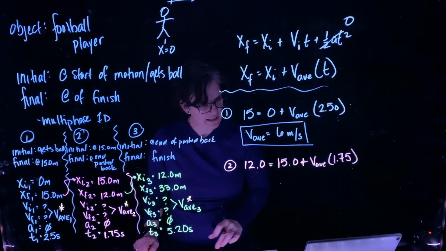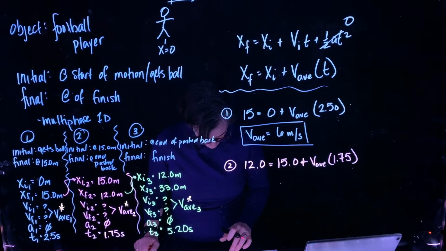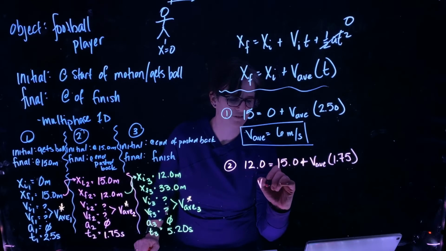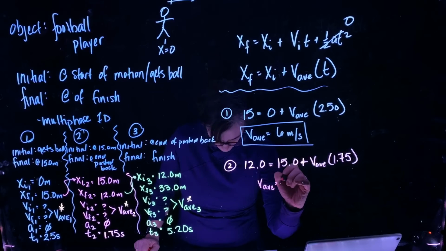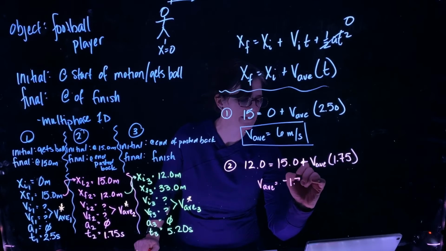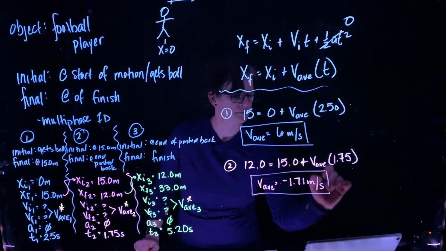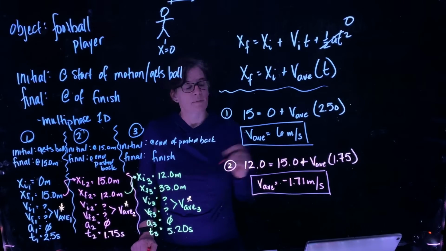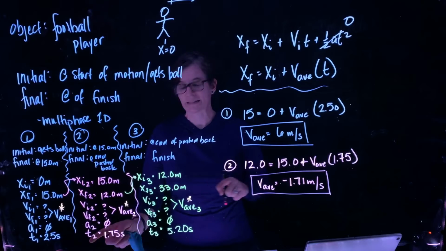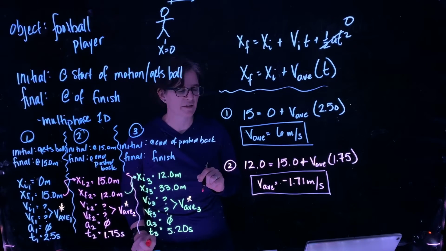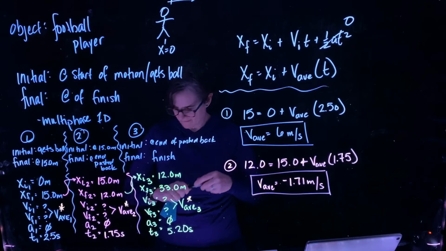And we get 12 minus 15 divided by 1.75. Our average velocity is equal to negative 1.71 meters per second. All right, remember I went back 3 meters, so our displacement was a minus 3. So that's where we got our final position of 12.